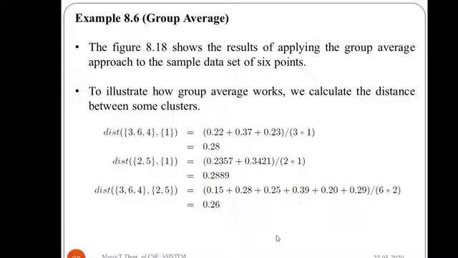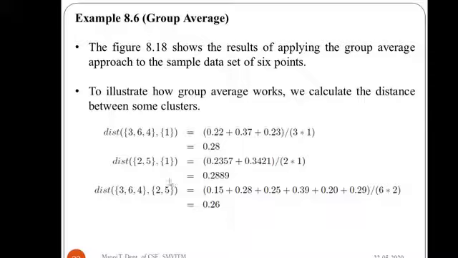So the same thing we have done for the sample data can be done for group average also. Suppose you want to compute the distance between 3, 6, 4 and 1, then we can take 3, 1, 6, 1, and 4, 1 into consideration. For 3, 1 you have 0.22, for 4, 1 you have 0.37, and for 6, 1 you have 0.23, divided by 3 in this cluster and 1 in the second cluster, that is size 3 into 1, so you will get 0.28 as the value.